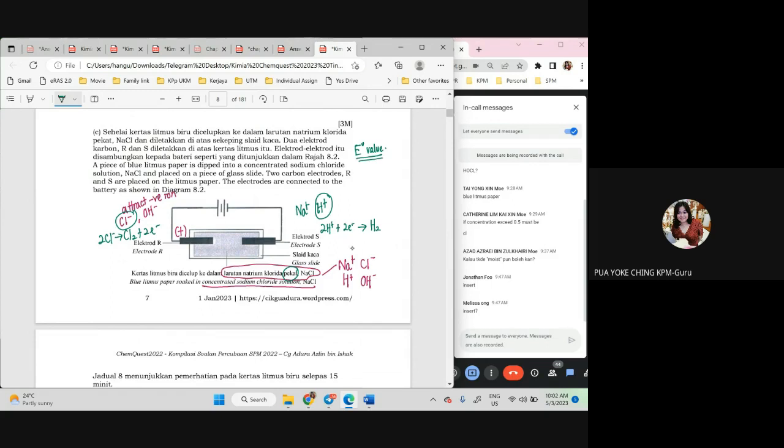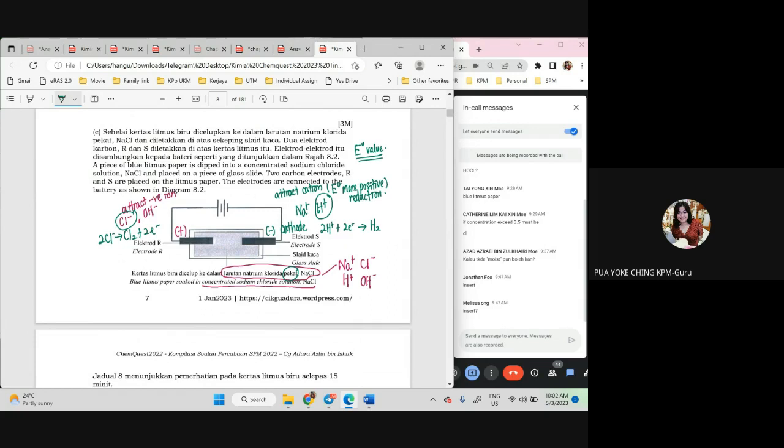So, electrode S, dia attract cation. Maksudnya S ialah terminal negatif dan dia adalah cathode. You kena pilih E naught more positive untuk reduction. Sebab you dah tahu dia akan reduction.